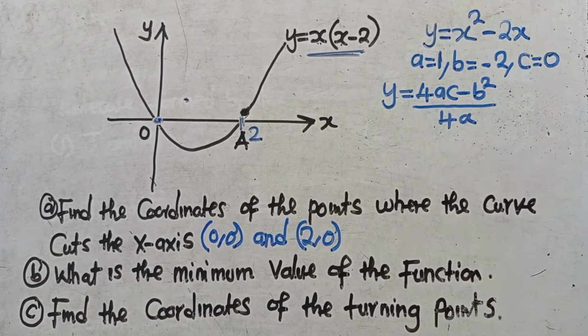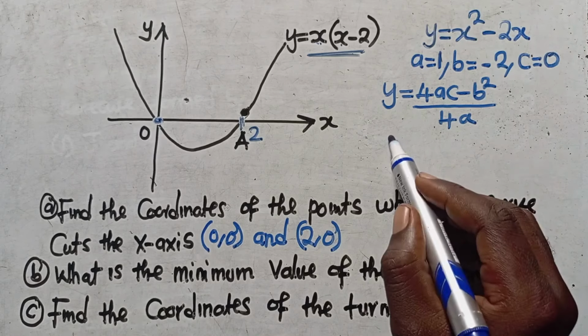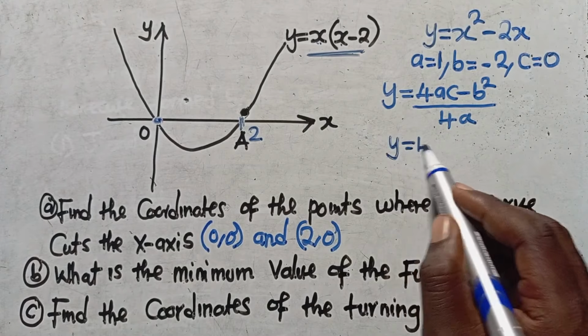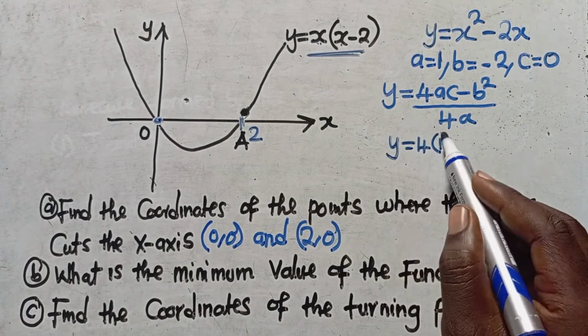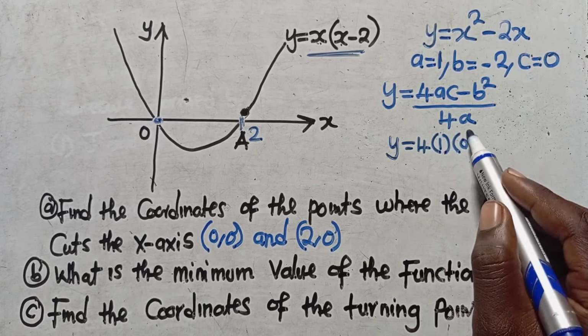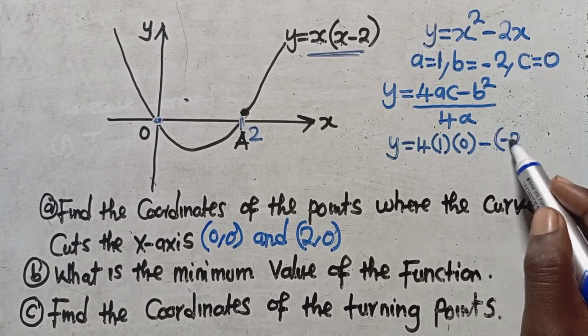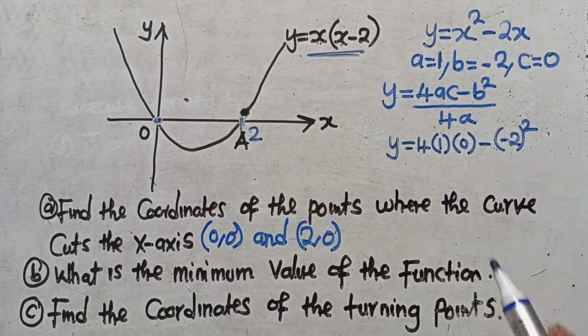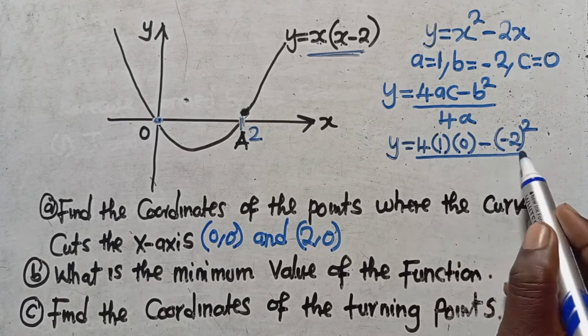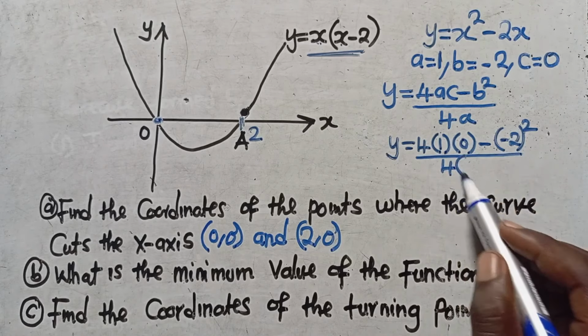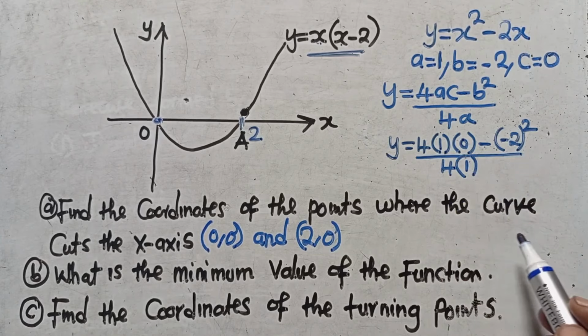This is a particular formula you need to use, where we substitute y is equal to 4 multiplied by a, which is 1, multiplied by c, which is 0, minus b squared, so minus negative 2 squared, over 4 multiplied by a, which is 1.